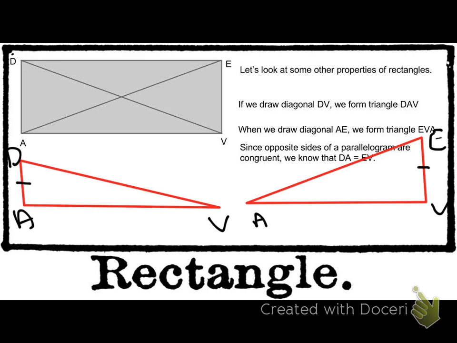Why? Well, if it's a rectangle, what has to be true about the 90-degree corners? All the angles are right angles, so therefore this has to be a right angle, and this has to be a right angle. And all right angles measure 90 degrees, thus they are congruent.